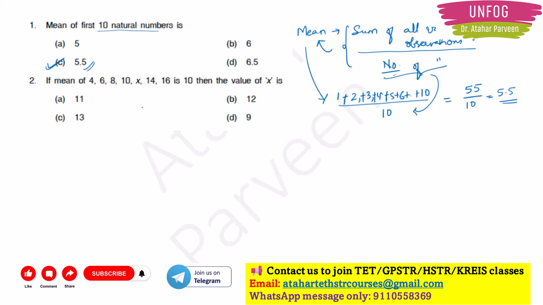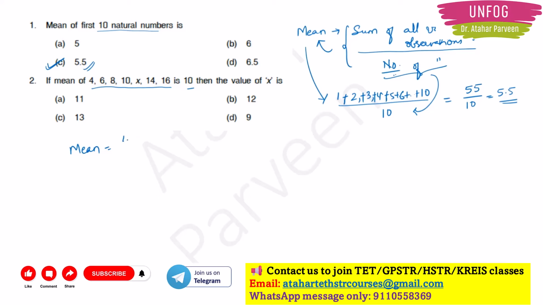Okay. Next question. If mean of 4, 6, 8, 10, x, 14, 16 is 10, then the value of x is. Same formula you can use here also. Mean is equal to sum of all values of observations divided by number of observations. So what are all the values of observations here?